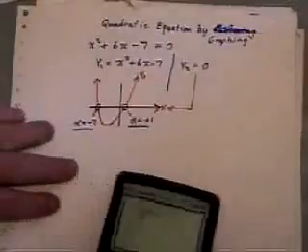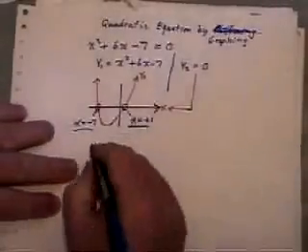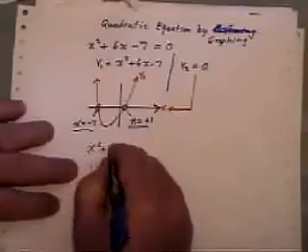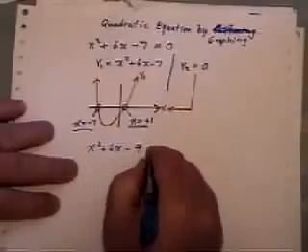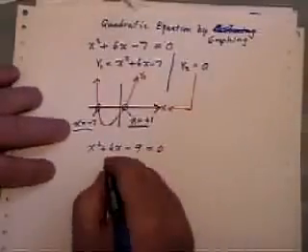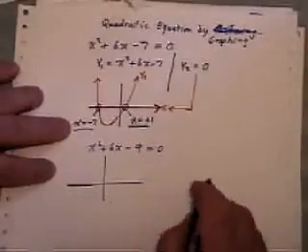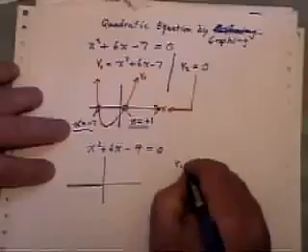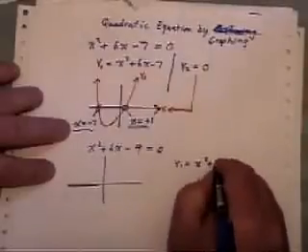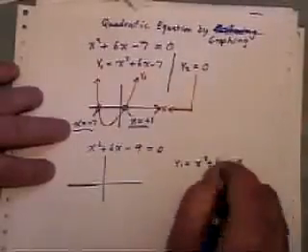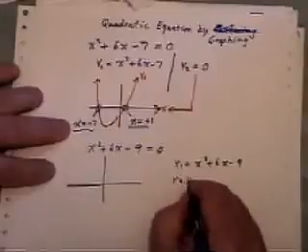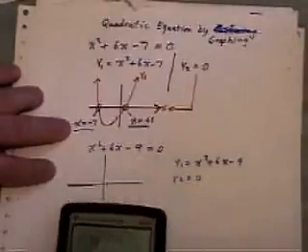Okay, if we were to change the equation just slightly, so it's x squared plus 6x minus 9 equals 0, then the two equations I'm going to graph are y1 equals x squared plus 6x minus 9, and y2 equals 0 is the other.